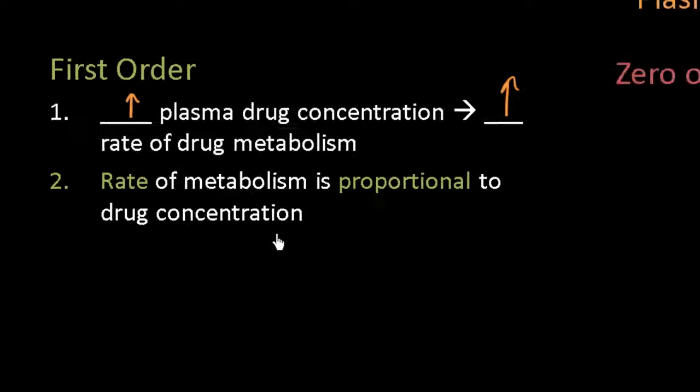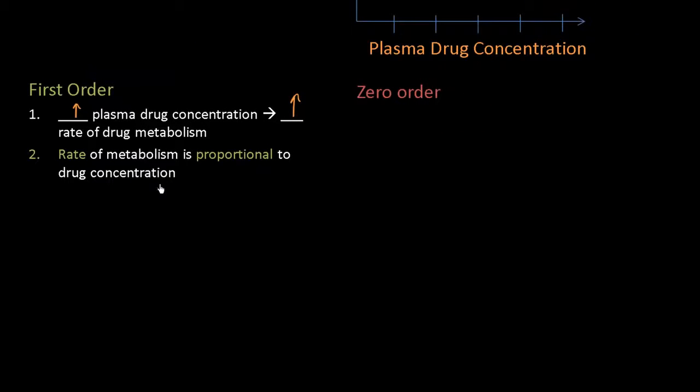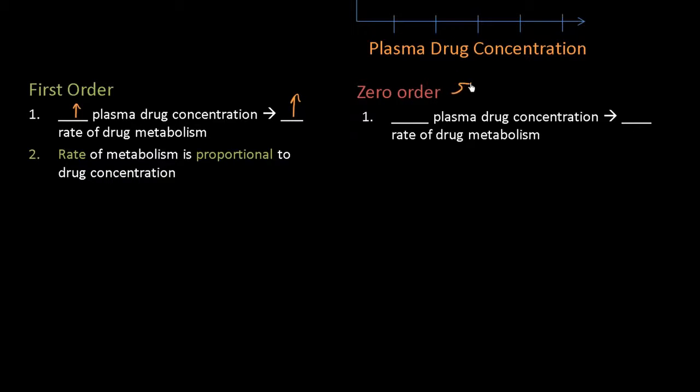Now what we want to do is differentiate this from zero order kinetics. So with zero order kinetics, we are at max capacity. Max or full capacity. And so what that means is all of our enzymes are working. And what they're working on is the substrate, the drug concentration.